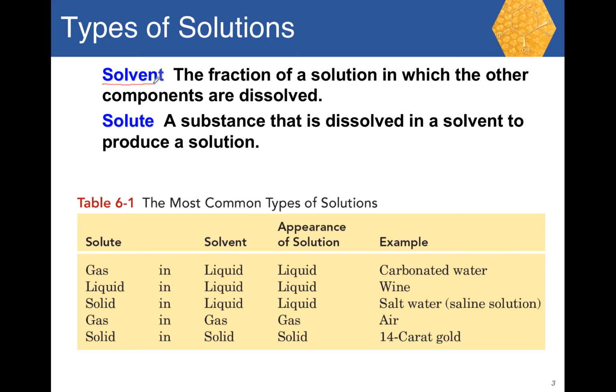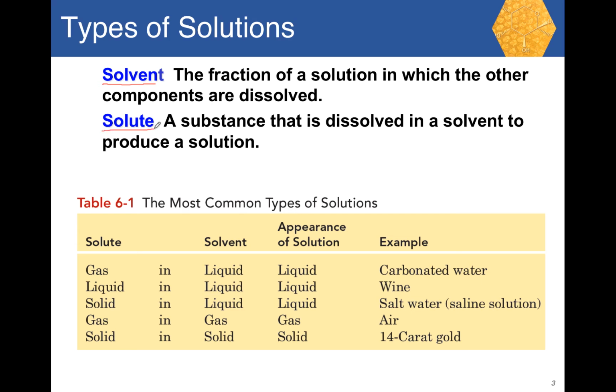Solvent. A solvent is that fraction of a solution in which the other component is dissolved. So let us imagine first of all you went in the kitchen and you mixed sugar and water. The solvent here would be water because the sugar is dissolved in that solvent.